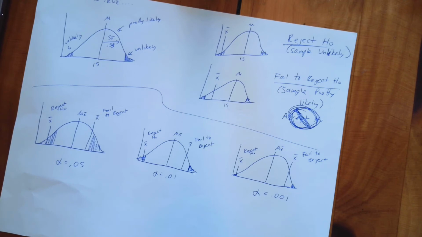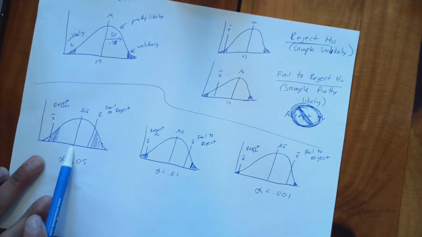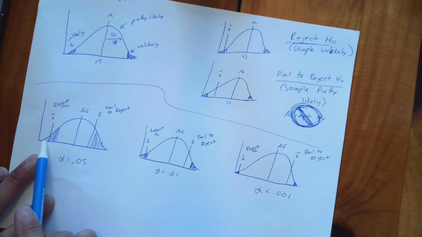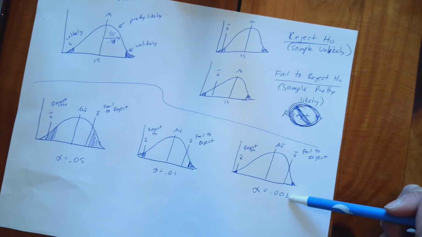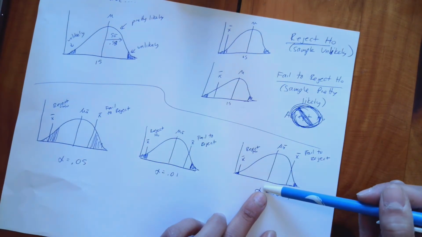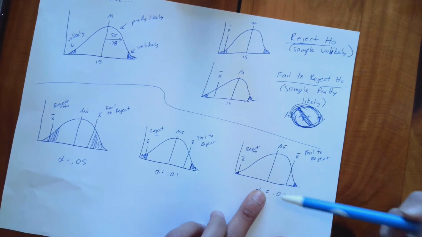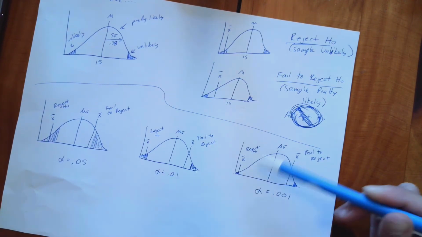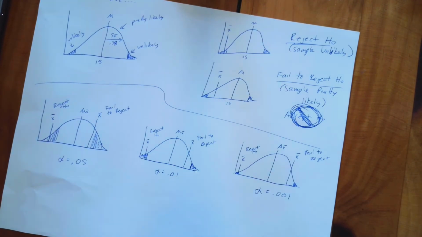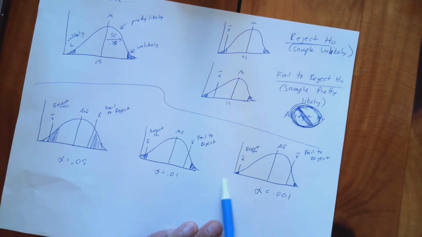So even if the true population mean were 15, you might still get a sample mean that's in this shaded zone just by chance. On the other hand, with a low alpha level, if you're testing whether the true population mean is 15, you'd need to have a sample mean that was really far away from it in order to reject that.